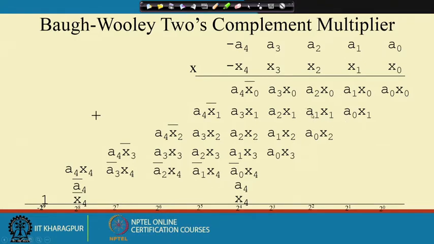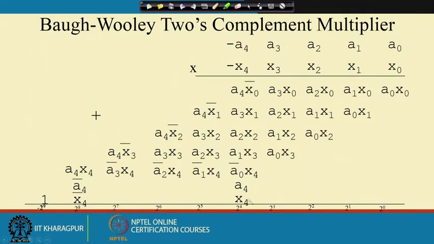Whenever I am adding, the corresponding a2 x0, a1 x1 or a0 x2, I have already added. But here you see some of these multiples, like a4 x0 bar, a1 bar x4, and a4 x4. These are the extra terms which are coming at this particular position.